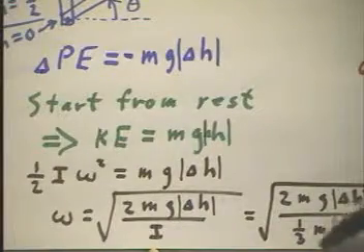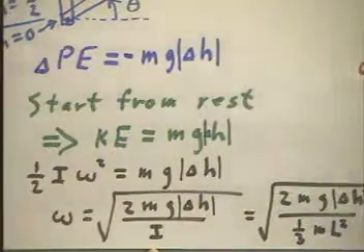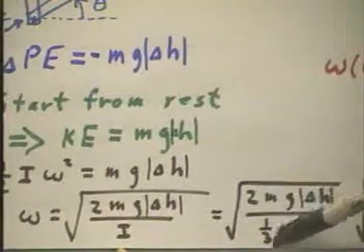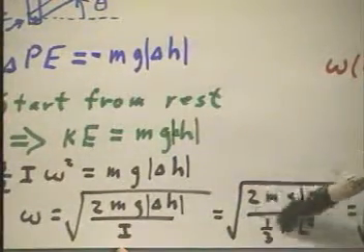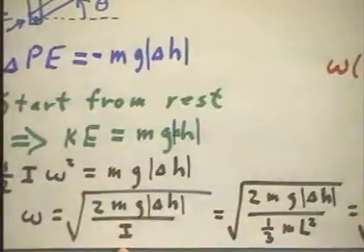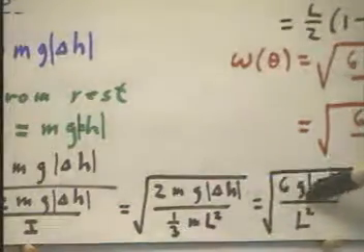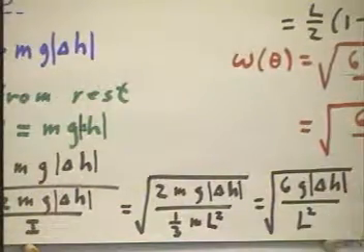I'm sorry, 1/3 ml squared. Constrained about the center, it is 1/12. So we substitute the 1/3 ml squared for the moment of inertia and simplify the expression, and we see that omega is the square root of 6g delta H over L squared.